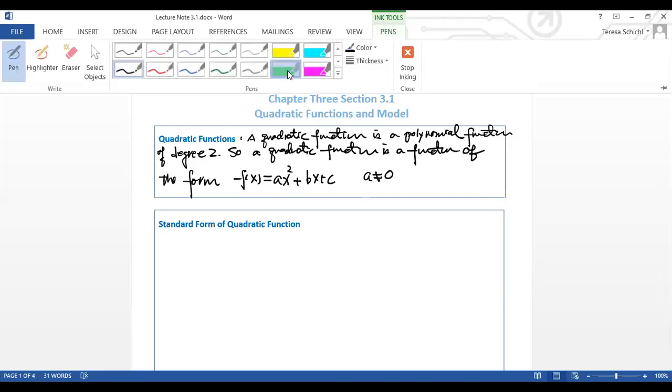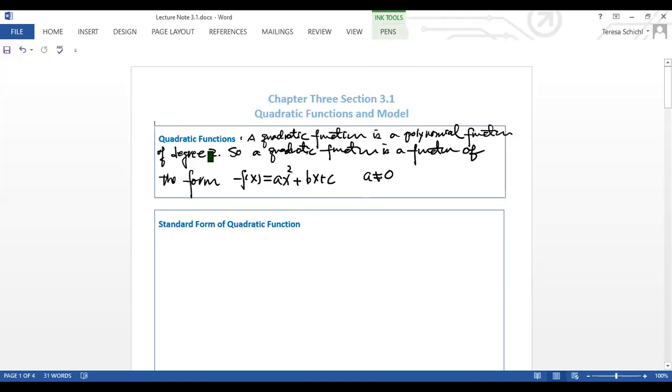So a quadratic function is a polynomial with degree 2. Maybe you don't understand what degree 2 is right now, because in later sections, when we talk about polynomials, we're going to formally define the degree. But basically, it tells you that you have to have an x squared term.